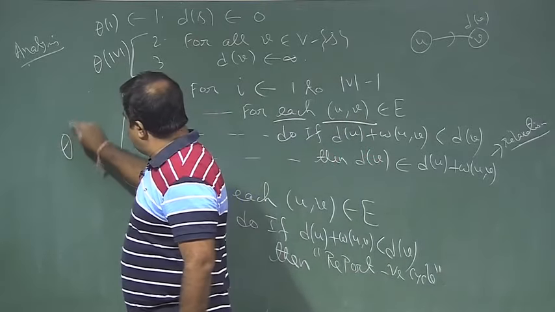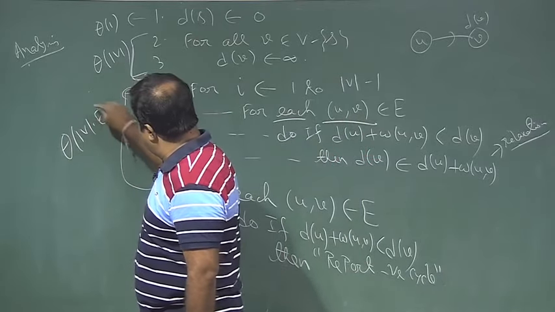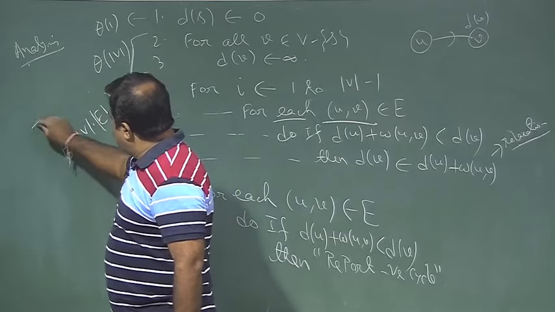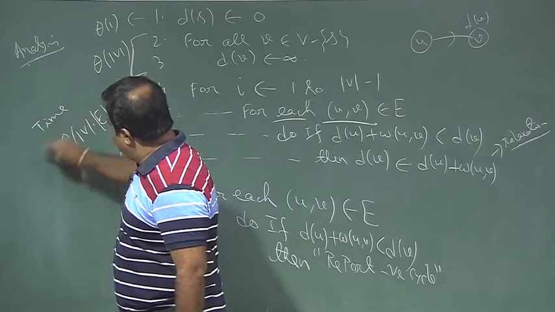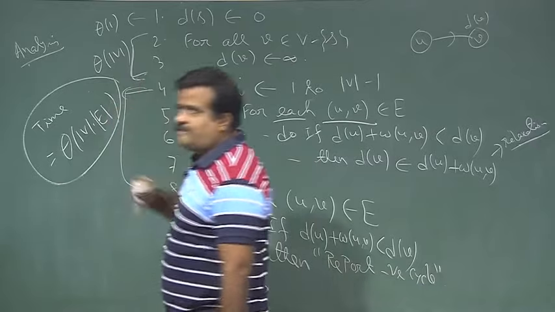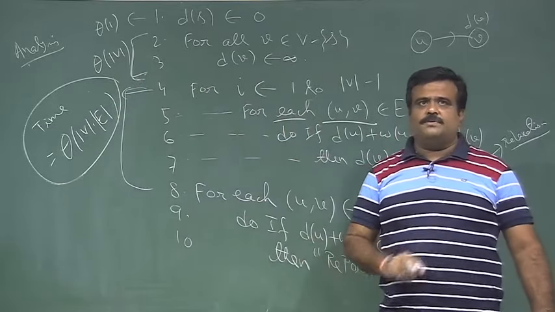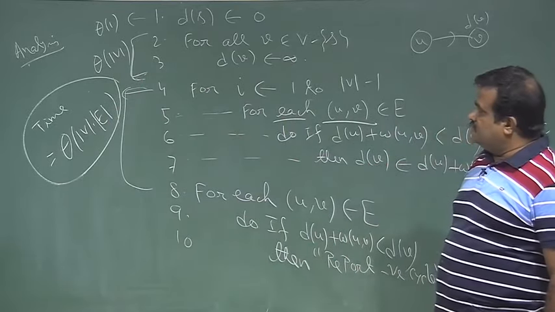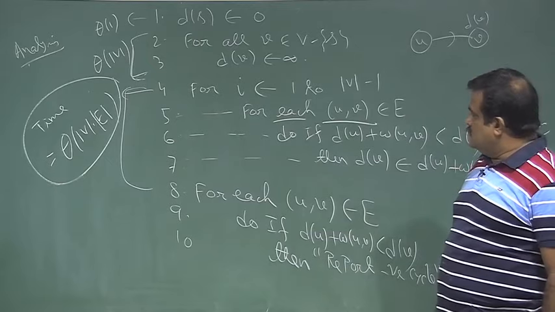So this is order of V times E. This is the time for the Bellman Ford algorithm, order of V times E.